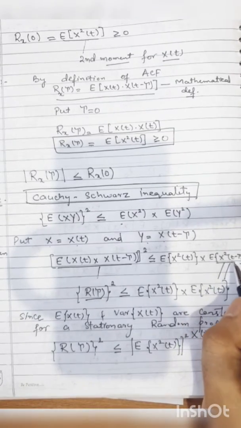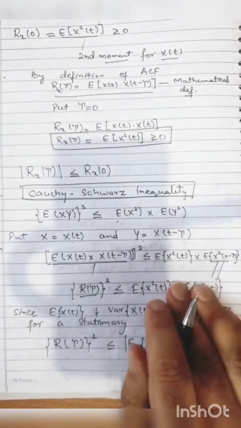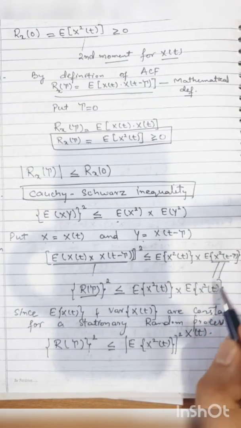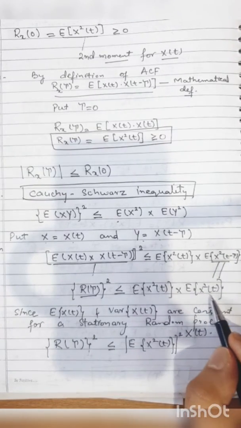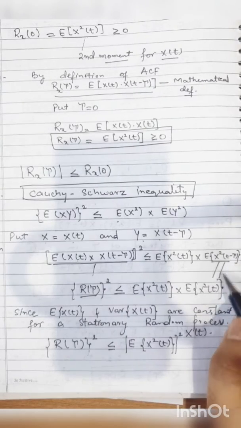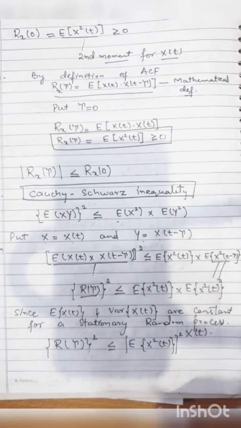Because this is a stationary process, so E[X squared(t minus tau)] can be written as E[X squared(t)], because this is independent of time. It is not dependent on time, that is by the definition of a stationary random process.